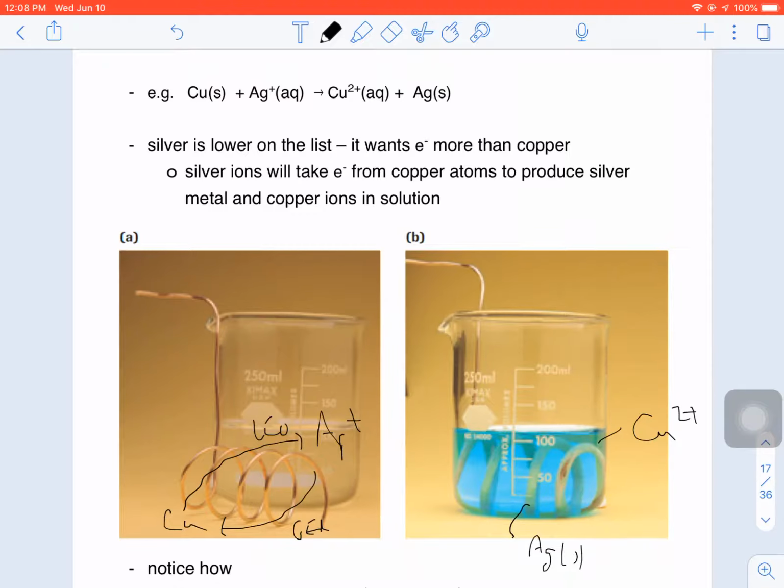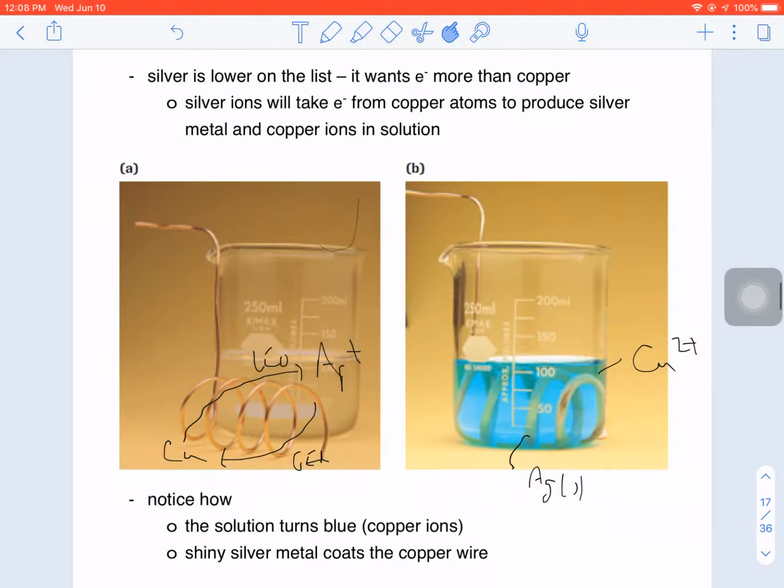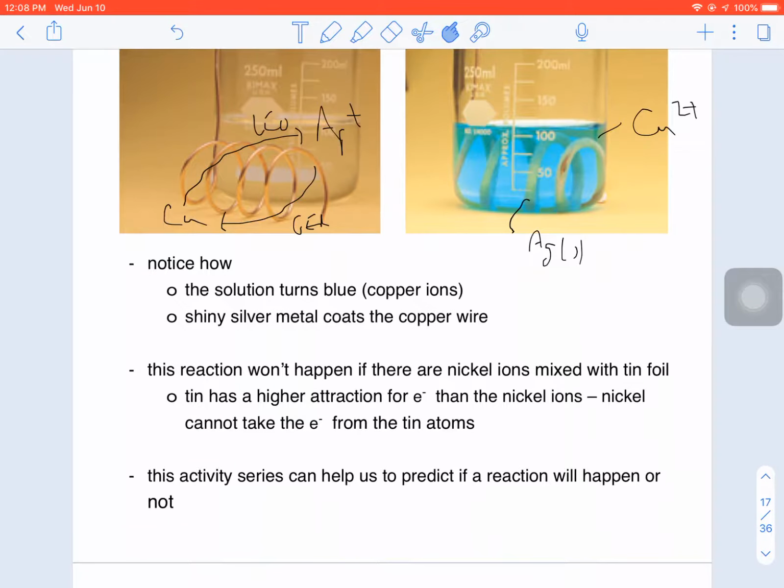So if I took that copper wire and lifted it out of here, and took the bottom part and kind of banged it on the table a couple of times, big chunks of silver would come off. And silver is a valuable metal, right? So that would be one way to show a redox reaction.